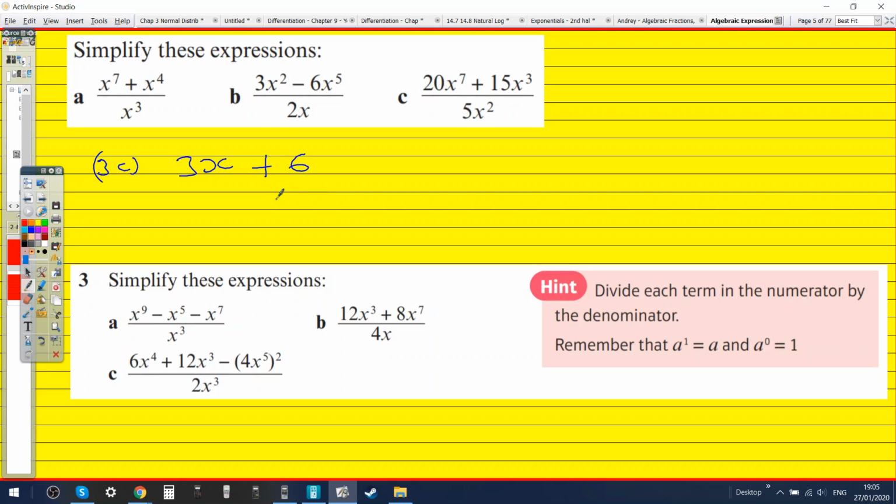So that's going to be 6 minus 16x to the power of 10. Yeah.